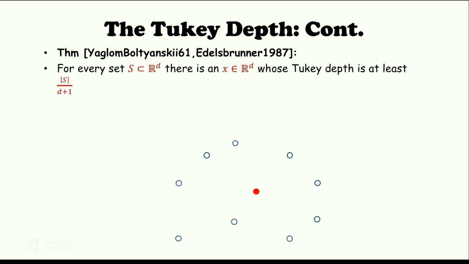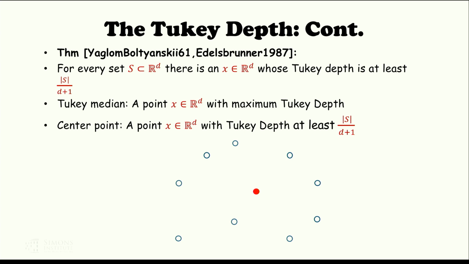For instance, if we take this red point, we have 9 points in R to the 2, so its Tukey depth is at least 3. In this case, it's 4. So we are guaranteed that we'll have a point with Tukey depth 3, and it has Tukey depth 4. And two definitions: the Tukey median of a set of points is the point x in R to the d with maximum Tukey depth among all the points in R to the d.